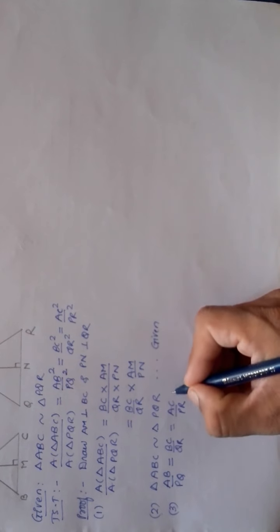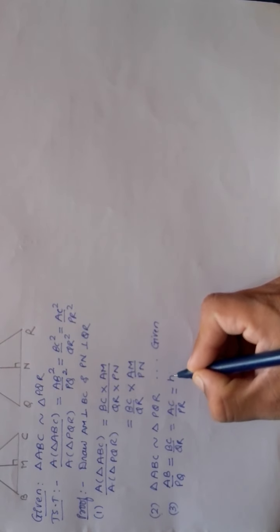Right? This ratio is there, so I will take that ratio as H is to K. I don't know what the ratio is, so I am just assuming it as H is to K.